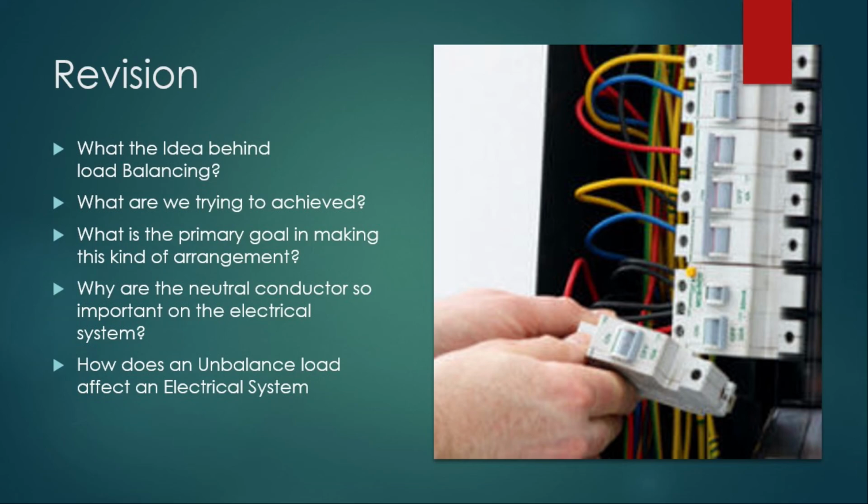So you want to ensure that your electrical distribution system is balanced in such a way that it does not create any conditions of long-term failure by having too much load on one phase versus the other.